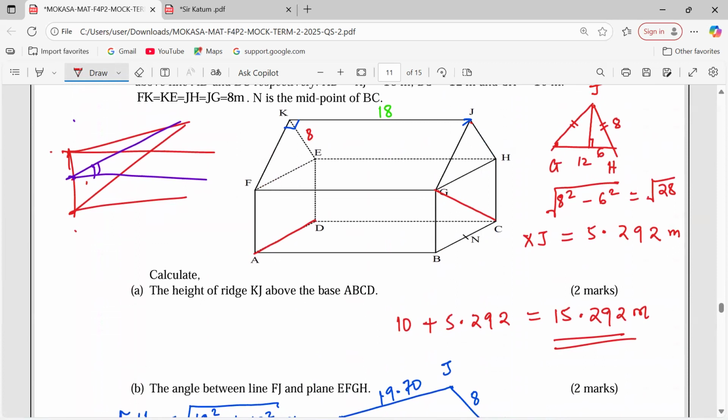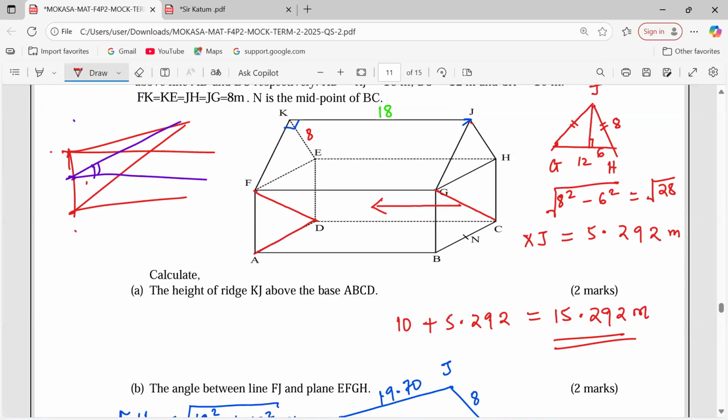With skew lines, we are supposed to translate one of the lines to the plane that contains the other. So if we translate GC, it will become FD on the other side. It shall become FD after translation. We just translate this one to the plane that contains the other.